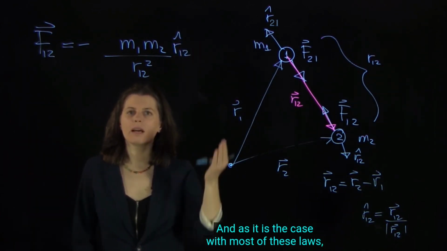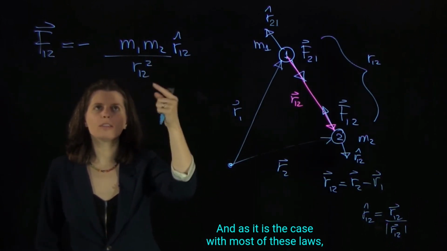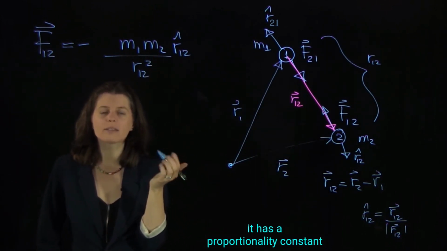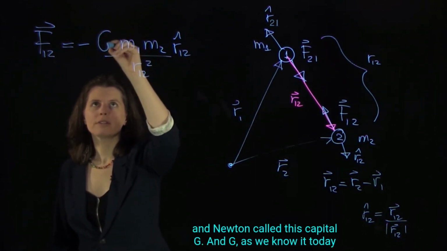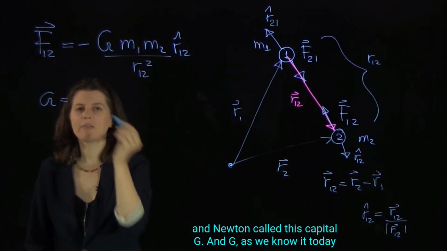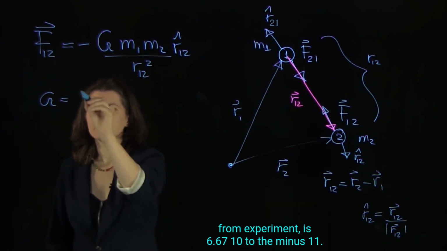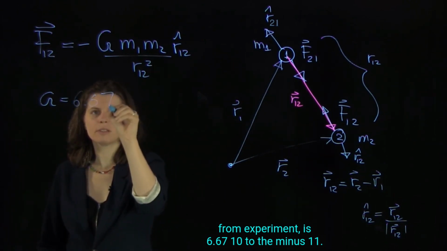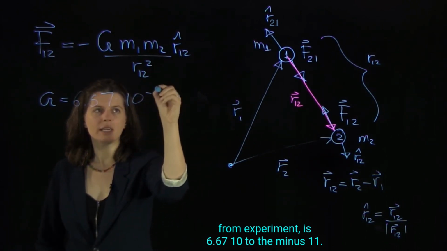And as is the case with most of these laws, there's a proportionality constant, and Newton called this capital G. And G, as we know today from experiment, is 6.67 times 10 to the minus 11.